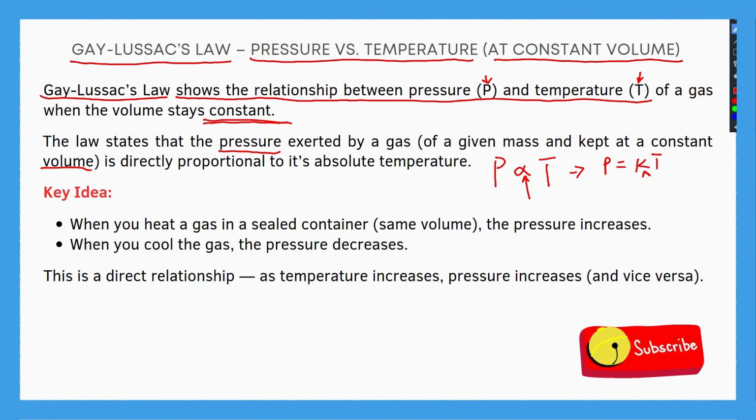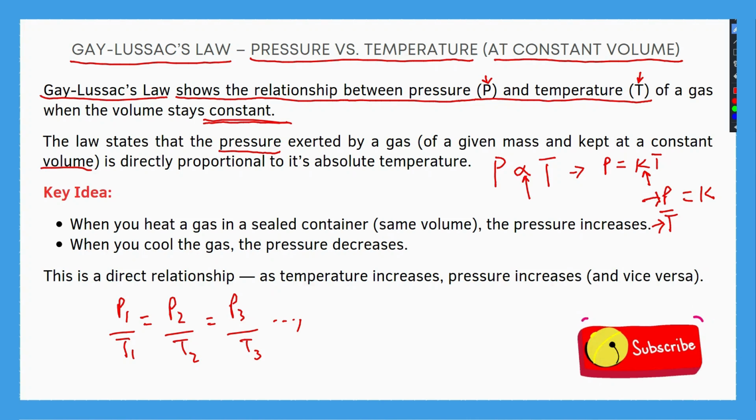If we make K the subject of the formula, it simply becomes P over T is equal to K. So that means whenever you're dealing with Gay-Lussac's law, the result of dividing P by T will always be constant. So P1 over T1 will be equal to P2 over T2, which will be equal to P3 over T3, and so on and so forth. That is Gay-Lussac's law for you.